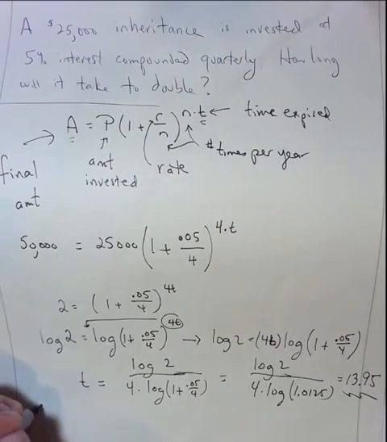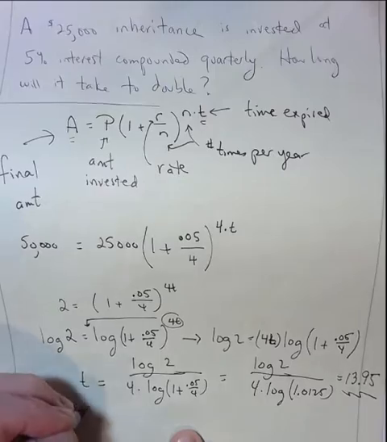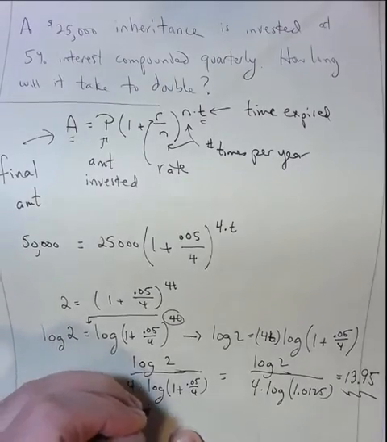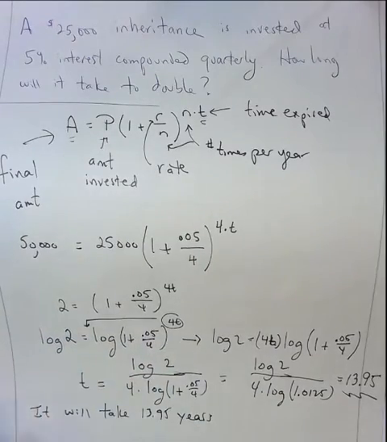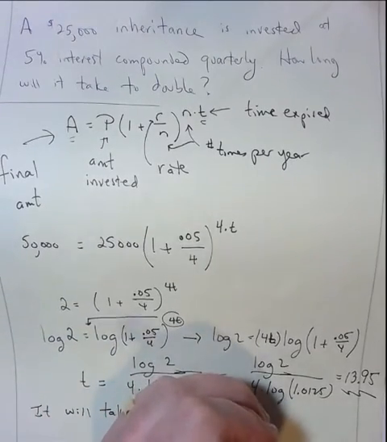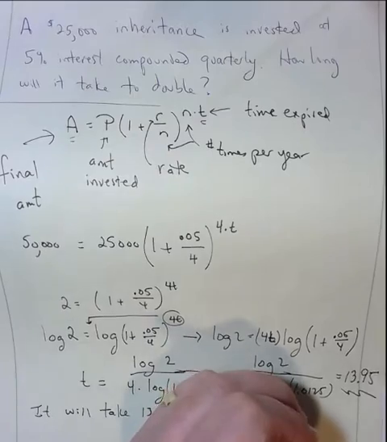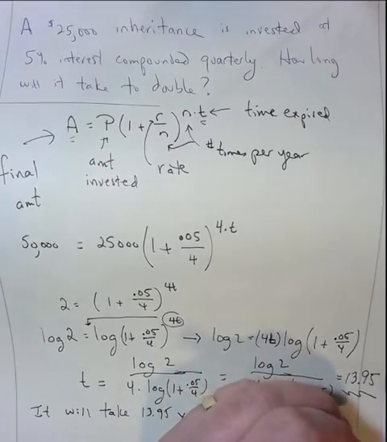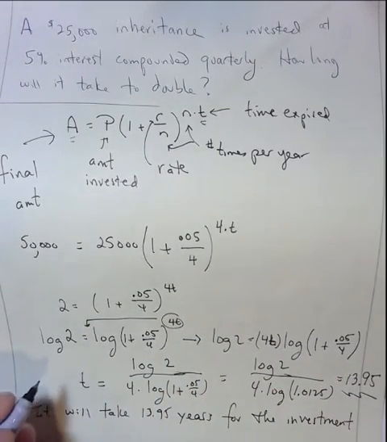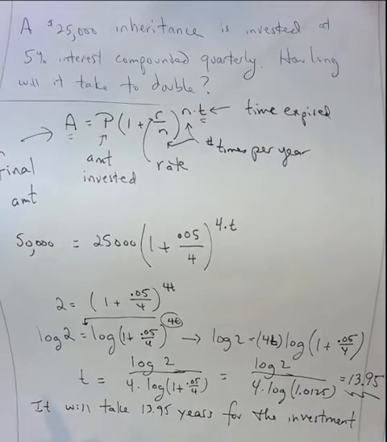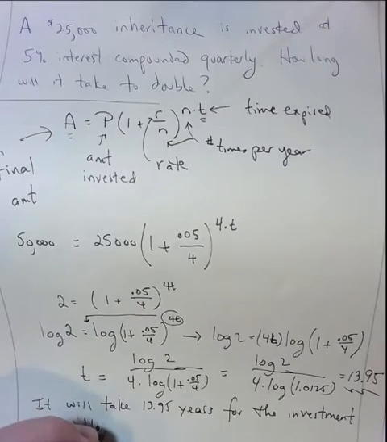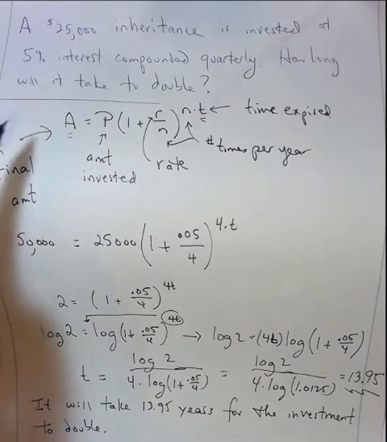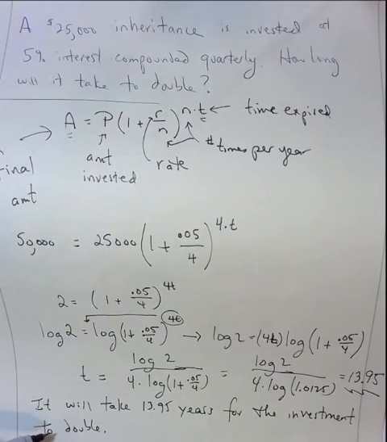The proper answer is it will take 13.95 years for the investment to double. You can hit pause if you don't want to wait for me to finish writing this stuff. But, ta-da, when we have a nicely posed question, we should have a nicely posed answer to wrap things up, not just a number with a squiggle under it.